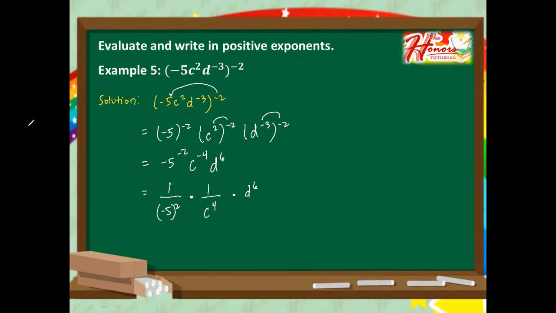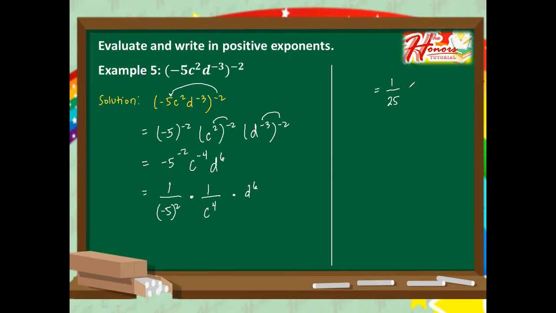And then let's continue. So for 1 over negative 5 raised to 2, that is equal to 1 over 25, because negative 5 times negative 5 is equal to positive 25.